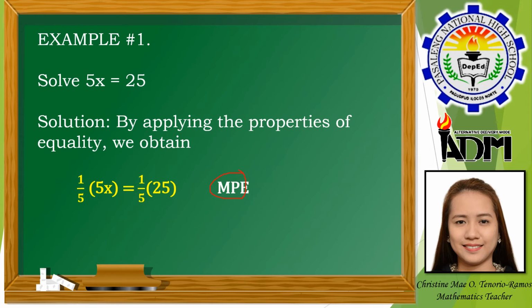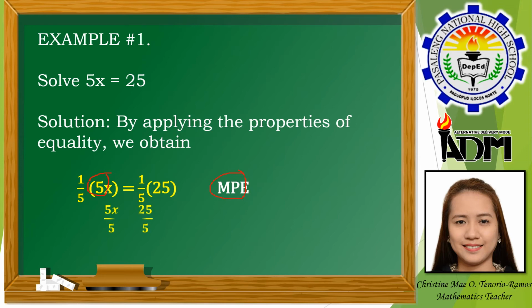Sa madaling salita, babaliktarin lang natin ang position ng numerator at denominator. Kung whole number naman, always na ang denominator niyan ay 1. So, itong 5 natin dito, ang denominator niya is 1. So, 5/1. Kapag nireciprocal mo to, magiging 1/5. Okay, so naintindihan?